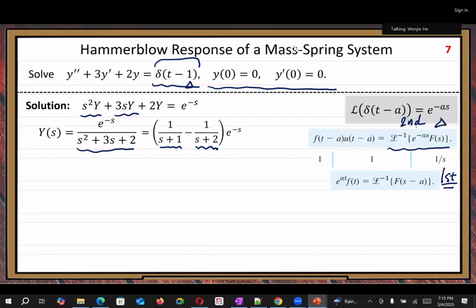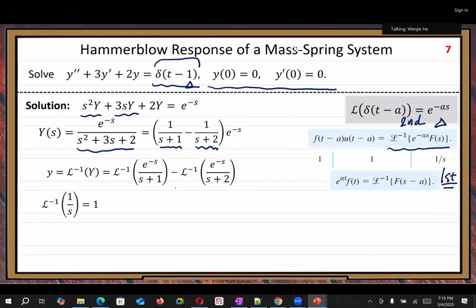All right, so let's do the first shifting, because by linearity we can write that. You need to apply two shifting theorems. The inverse Laplace transform is 1, and this 1 is little f.